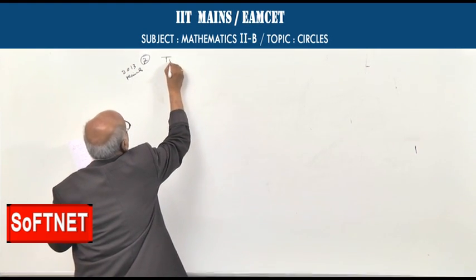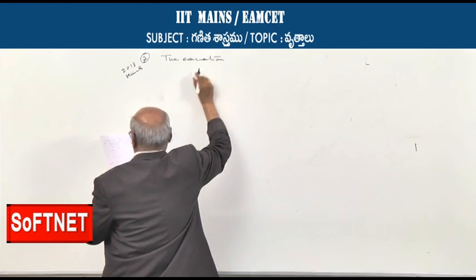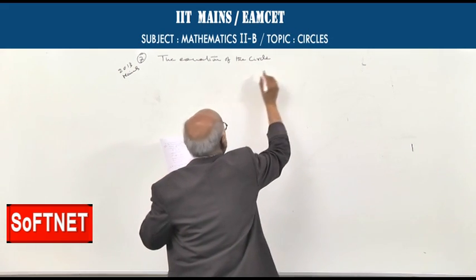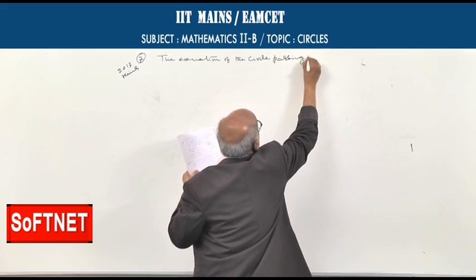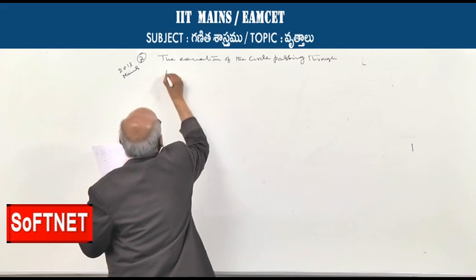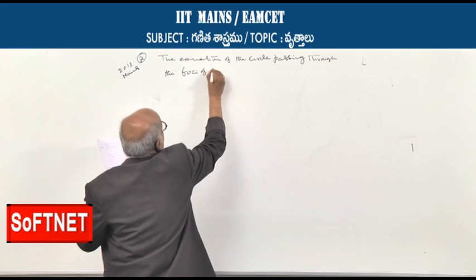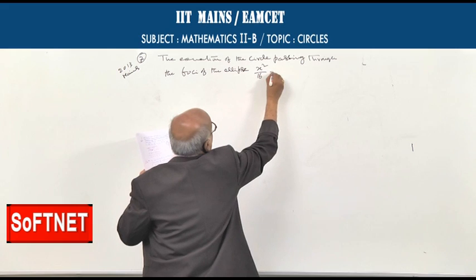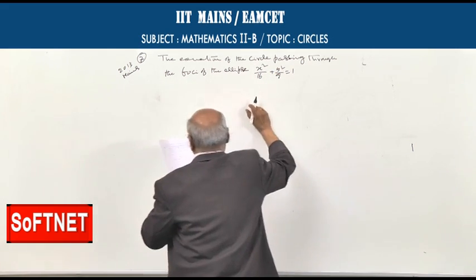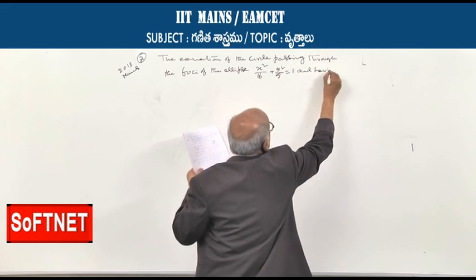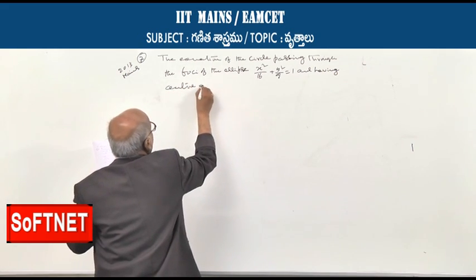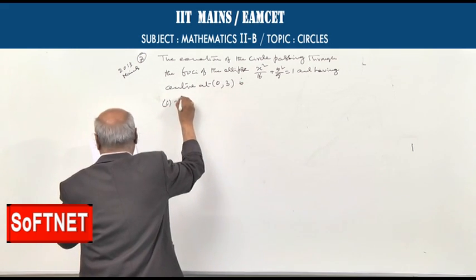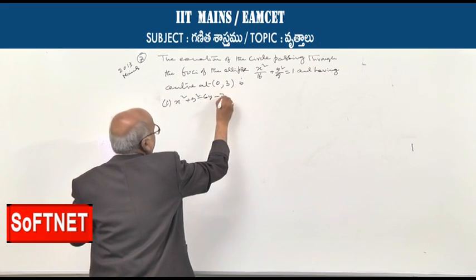The equation of the circle passing through the foci of the ellipse x squared by 16 plus y squared by 9 is equal to 1, and having center at (0, 3) is: 1, x squared plus y squared minus 6y minus 7 equal to 0.